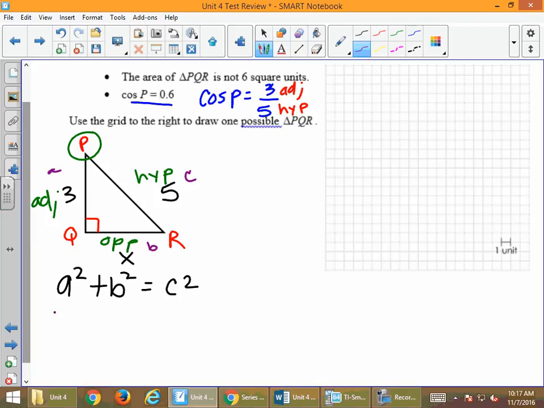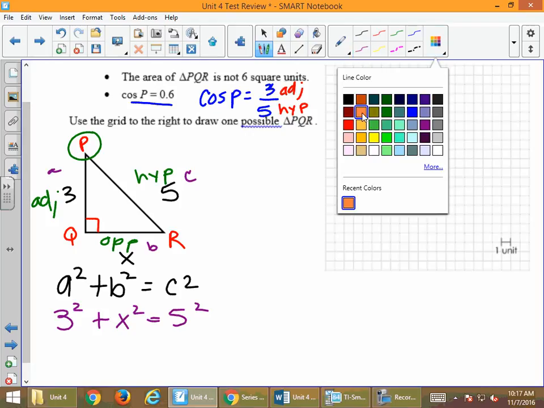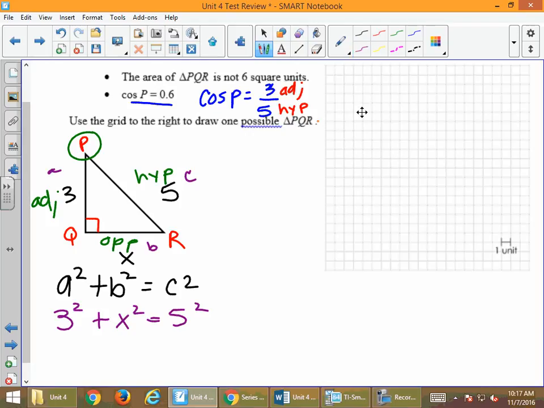So plug it in. We have 3 squared plus x squared equals 5 squared. And then you can go ahead and solve. So 3 squared is what? 9 plus x squared. 5 squared is 25. Then you can go ahead and get x by itself.